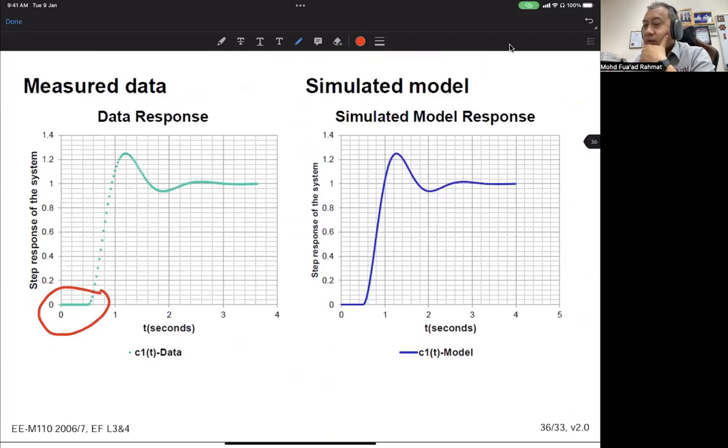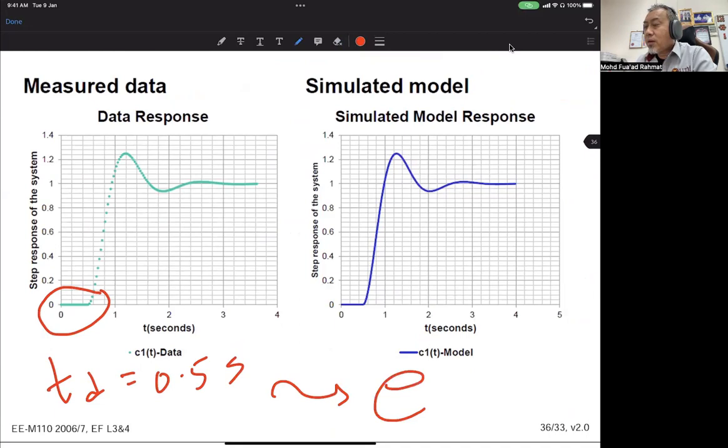If you count the boxes there, 1, 2, 3, 4, 5, it's about 0.5 seconds. So there is a time delay, and usually the time delay is represented by e to the power of minus 0.5s in the continuous form. So the estimated model is shown here.